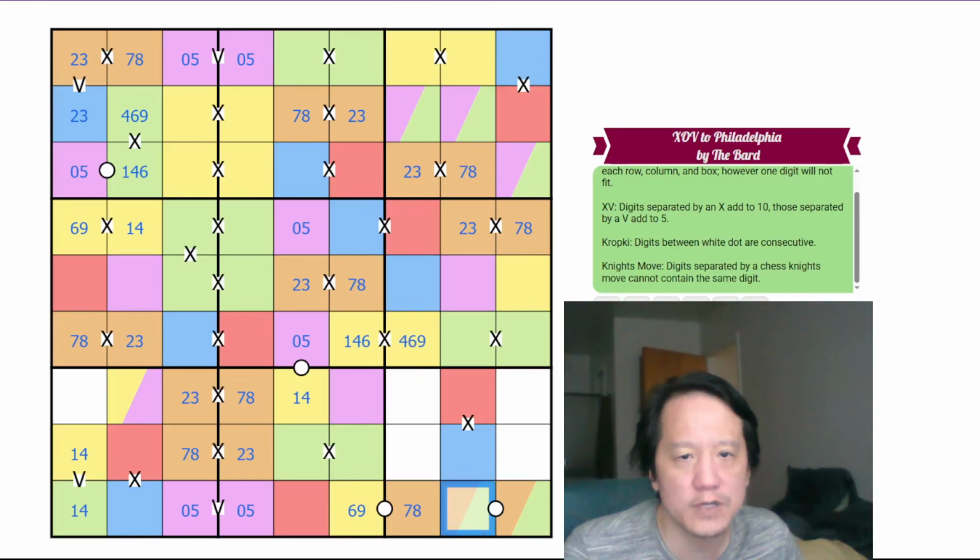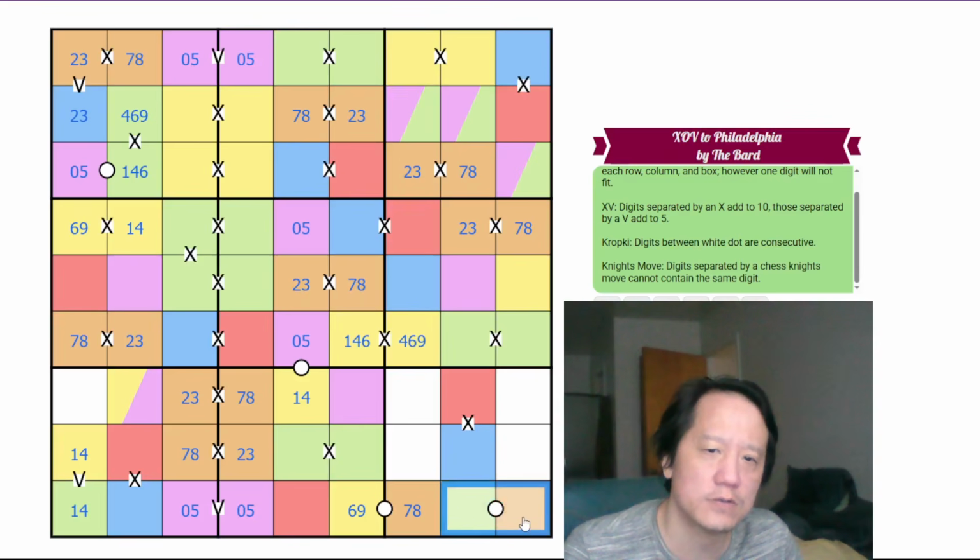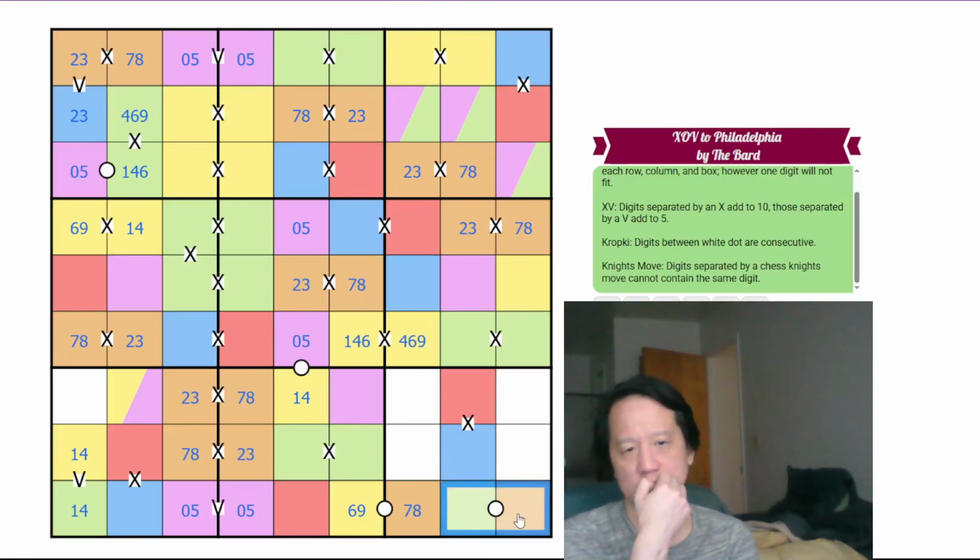This can't be orange, so that's green. That doesn't work. That doesn't work.